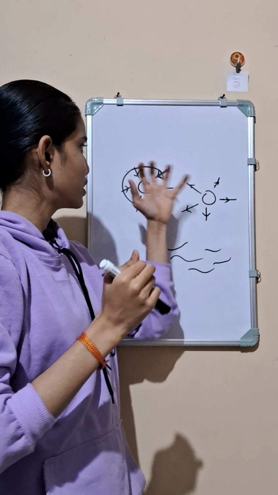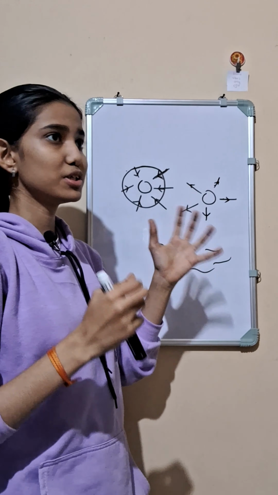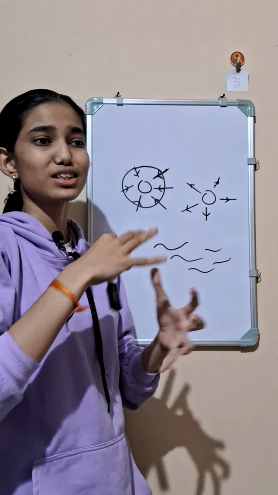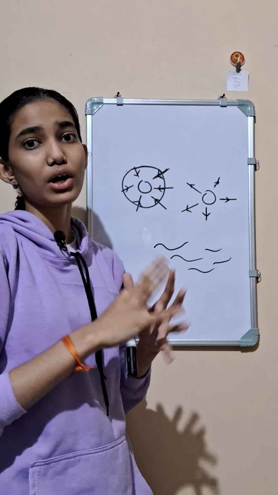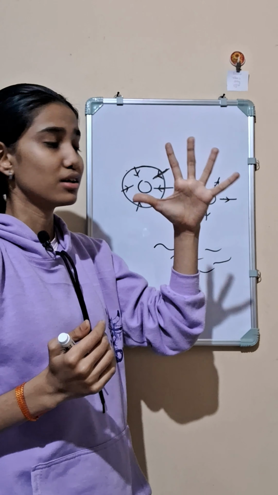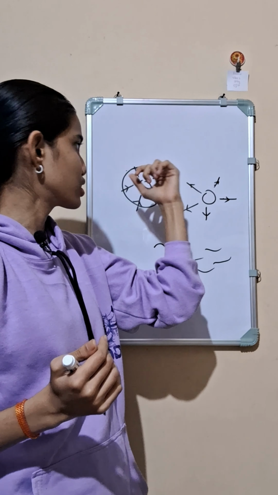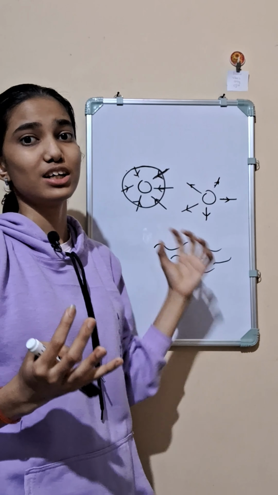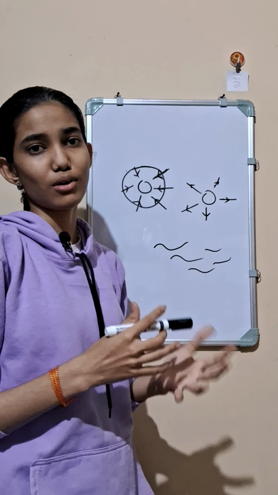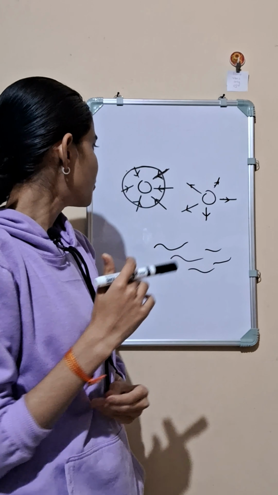Actually the field lines are also along all directions, meaning you can say that 360 degrees is covered by field lines. I am unable to represent the field lines going inwards in this direction or the field lines behind it, because obviously this is a 2D board, I can't represent it three-dimensionally.